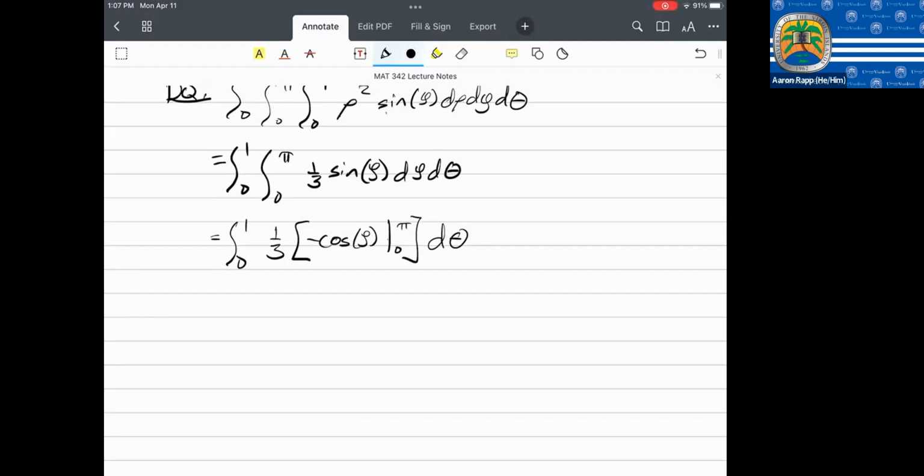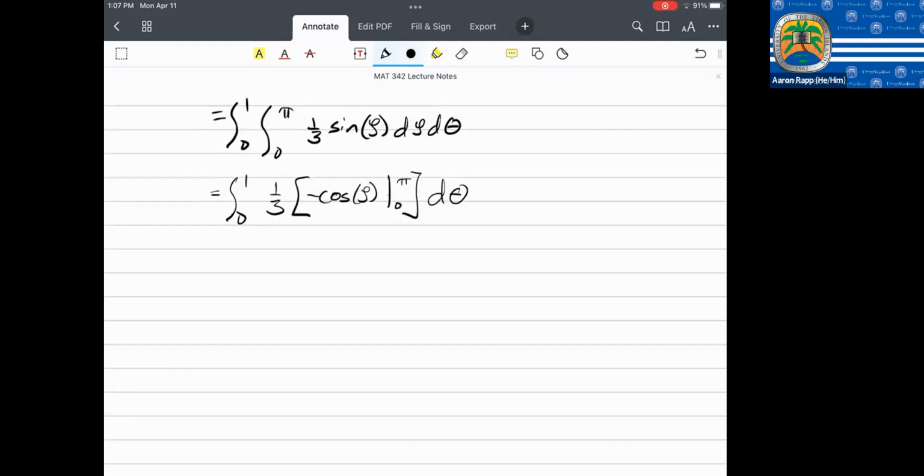But I'm considering negative cosine pi, which makes it a positive 1. Then I'll be subtracting the negative cosine of 0 or adding the cosine of 0. What was cosine of 0? Positive 1. Meaning that when I evaluate cosine from 0 to pi, it's going to end up being a, not negative 2, positive 2.